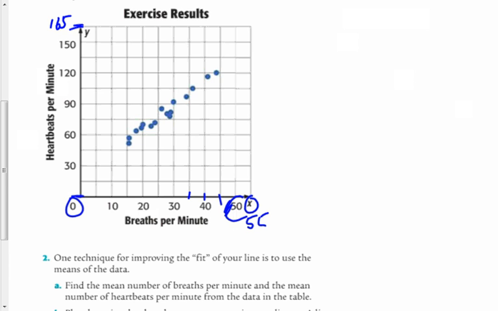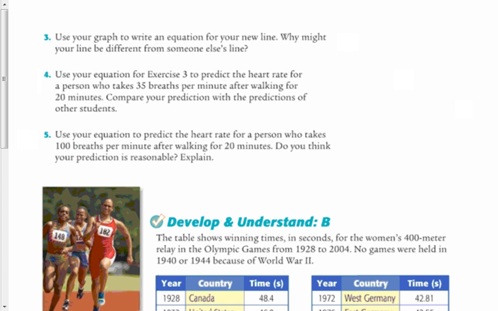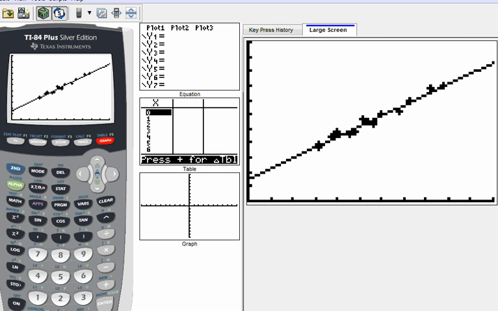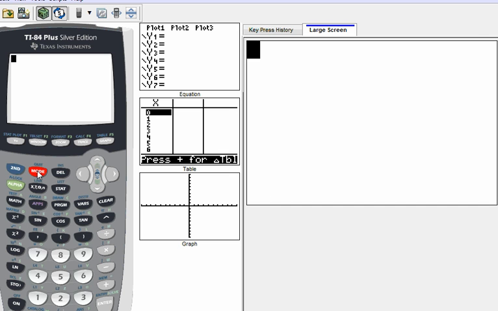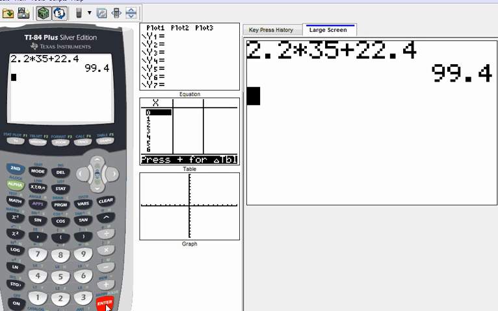So now we're going to use that equation to do a new prediction of these. So our equation was y equals 2.2x plus 22.4, and x being our breaths per minute. So if I take my 35 and plug it into there, so I'm going to do on my calculator 2.2 times 35 plus 22.4, enter, and that predicts about 100.